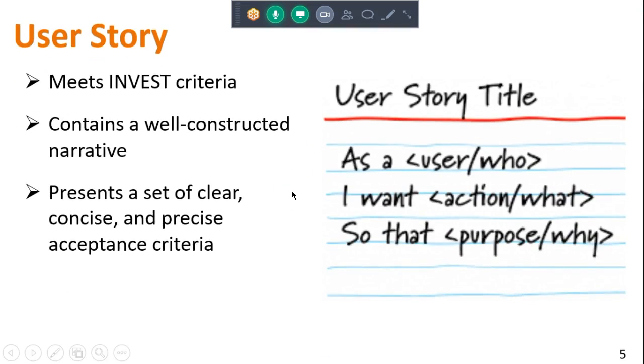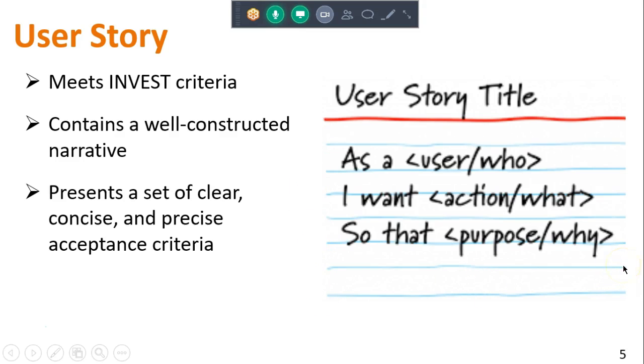INVEST criteria, that's going to be one we'll spend a little bit of time on. This is standard user story syntax. As a user or a customer, I want to do something to achieve a certain goal. And these can be expanded and extended.